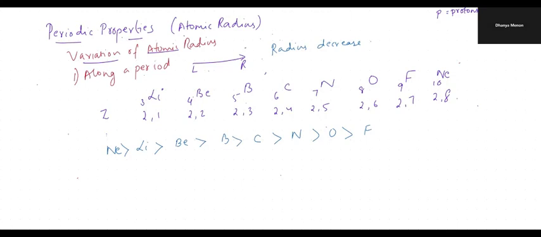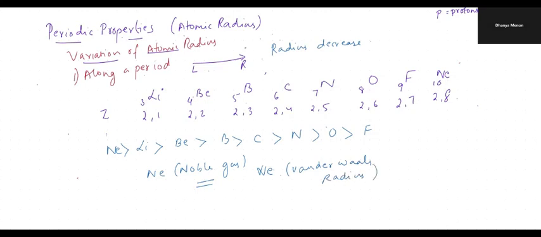This is because, as we already discussed, neon is a noble gas, and noble gases have Van der Waals radius.